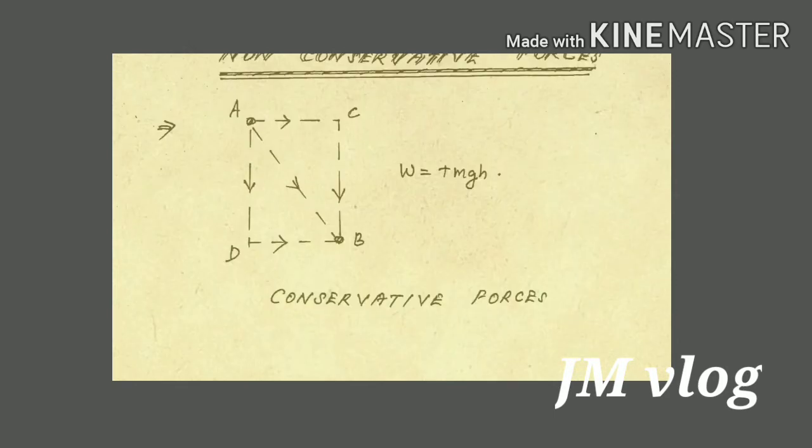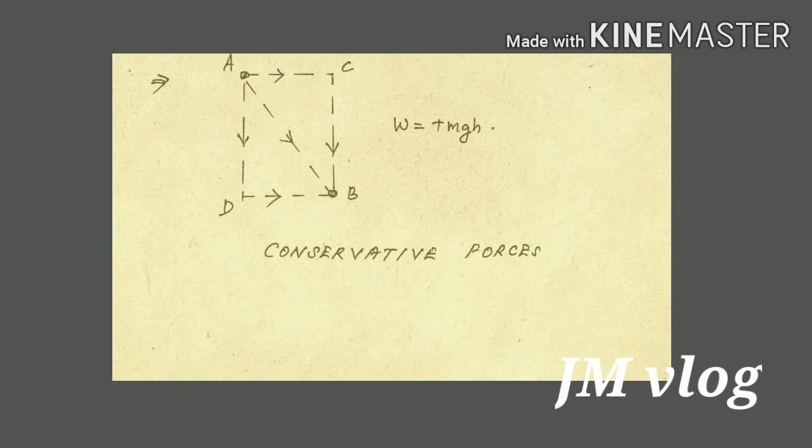I can choose some other way: from A to C first, then C to B. While moving A to C, there is no force in that direction because the gravitational force is downward, so there is no work. But while moving C to B, there is work done because gravitational force is downward and displacement is h.